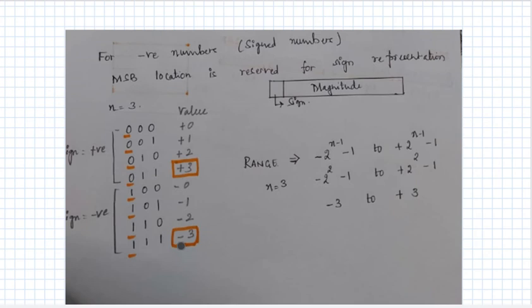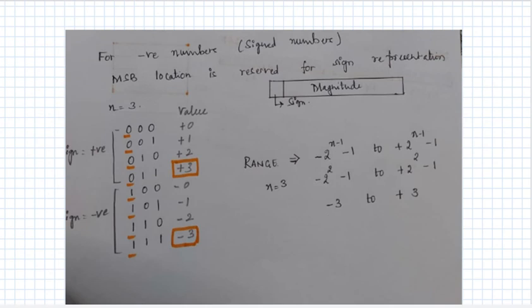The highest positive value is +3 and the lowest number is -3. In general, the formula is -(2 to the power of n minus 1, minus 1) to +(2 to the power of n minus 1, minus 1). If we substitute n as 3 here, we get -3 to +3.